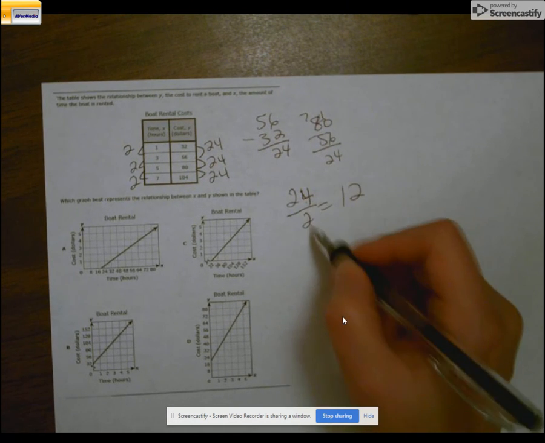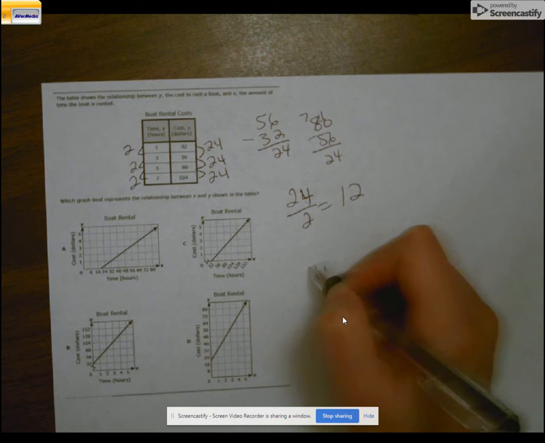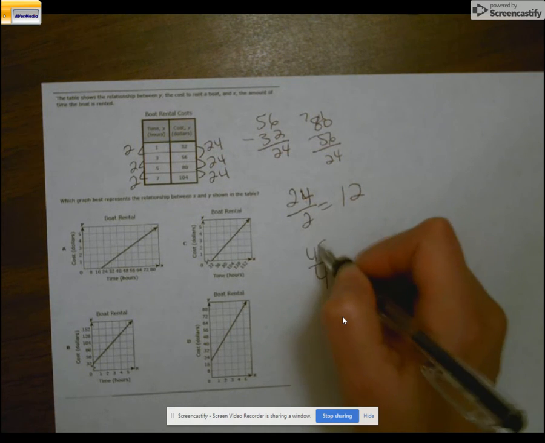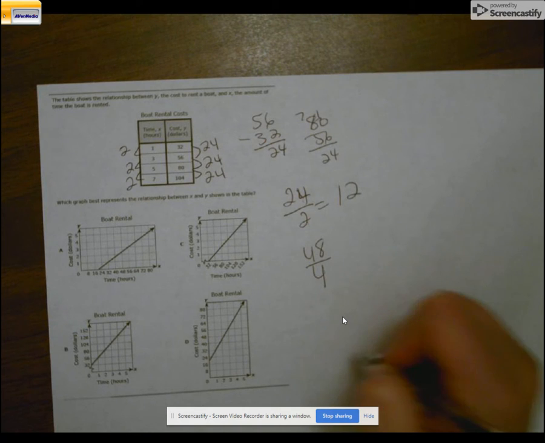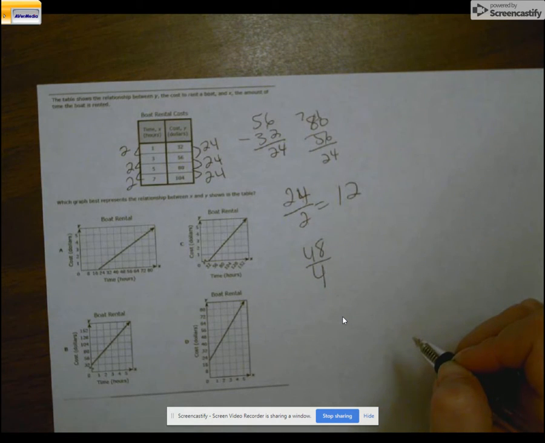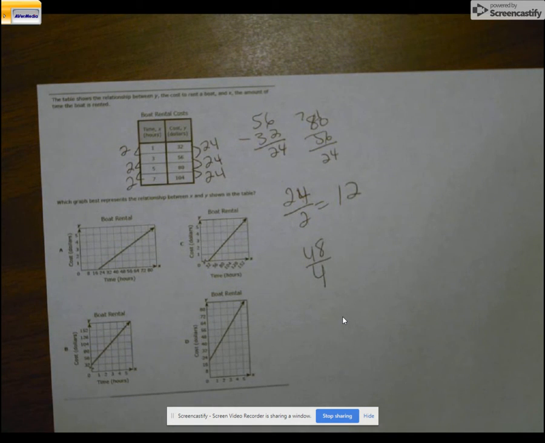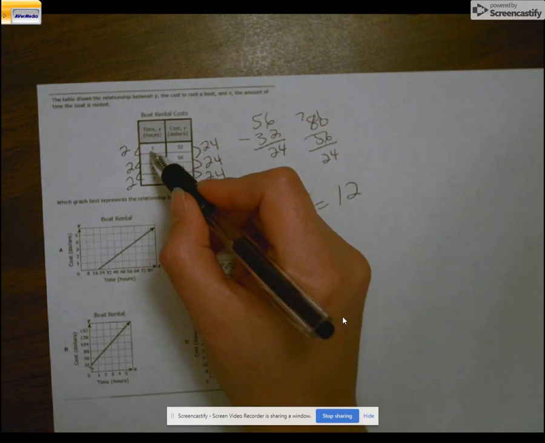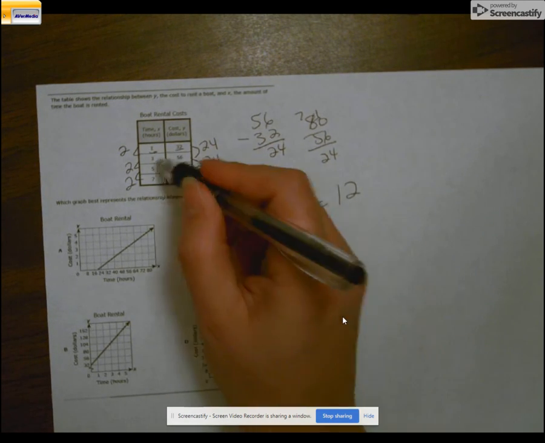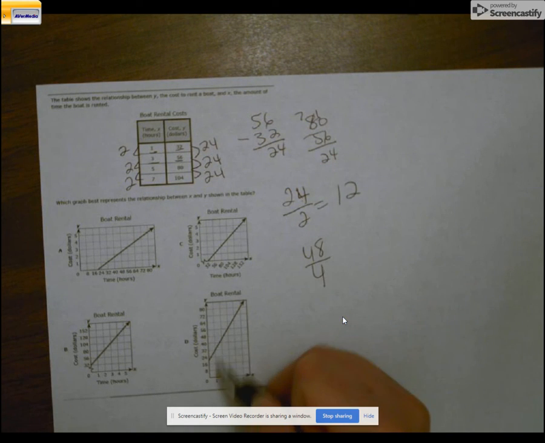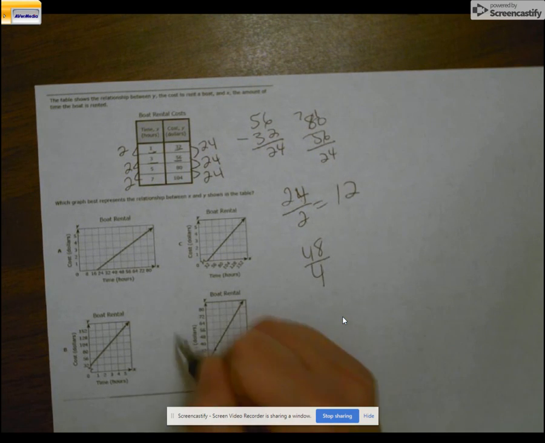So 24 and 12, or in 2 hours, so 4 hours would be 48. I also can look at just ordered pairs, 1 and 32, 3 and 56. My answer is D.